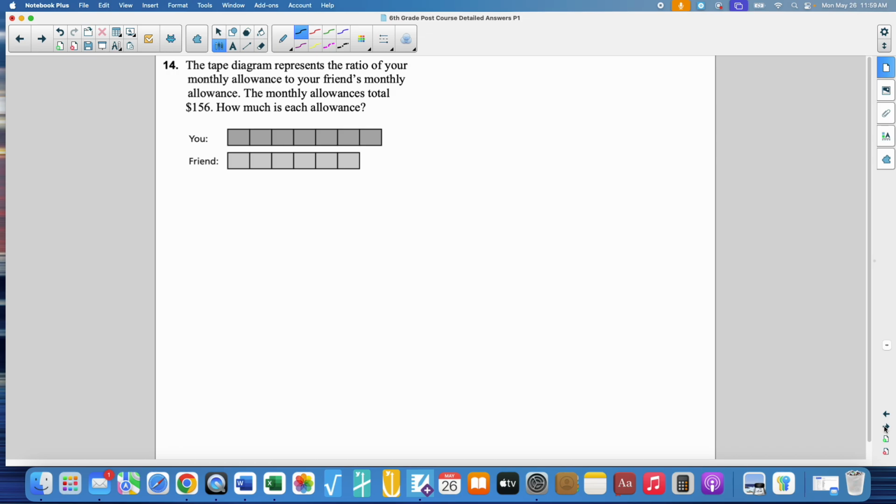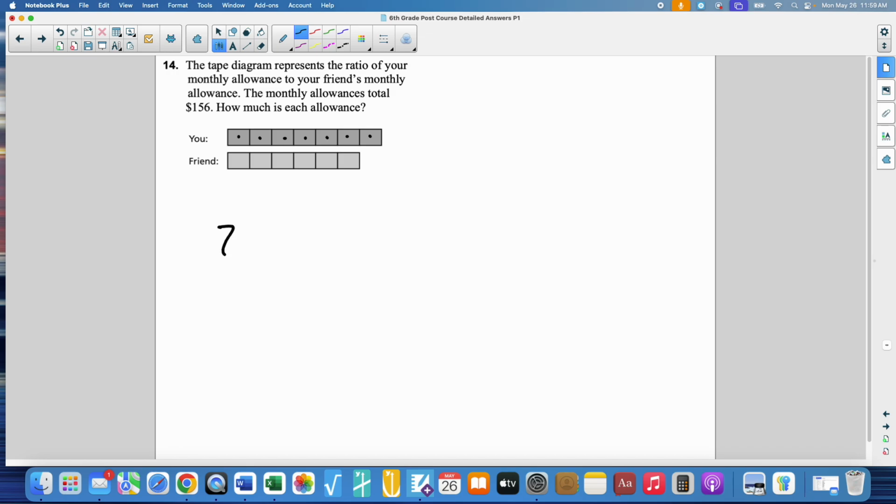Number 14, a tape diagram represents the ratio of your monthly allowance to your friend's monthly allowance. The monthly allowance total is 156. How much is each allowance? Okay, so you are 1, 2, 3, 4, 5, 6, 7.